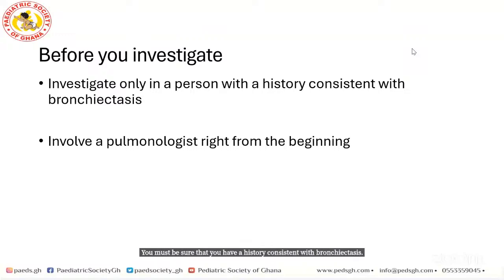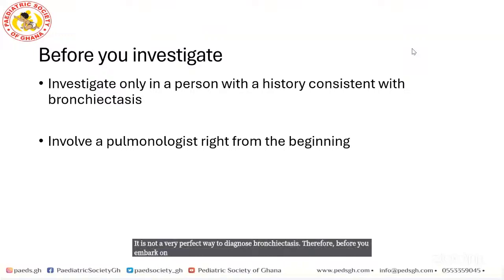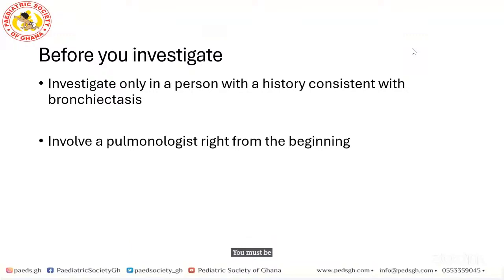This is because bronchiectasis is a radiological diagnosis, but as we go on, we will see that it is not a very perfect way to diagnose bronchiectasis. Therefore, before you embark on investigation, you must be sure that you have a history that is consistent with bronchiectasis. I also want to tell you to involve a pulmonologist right from the beginning.